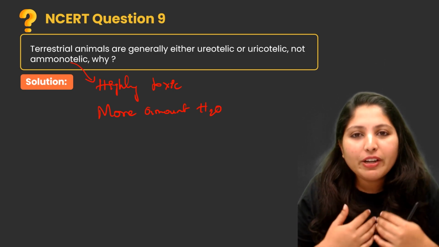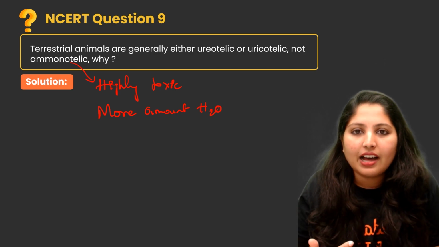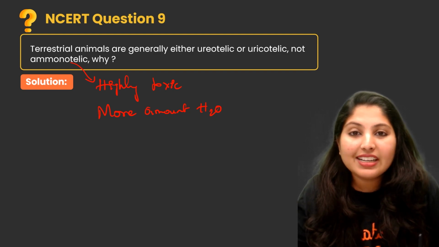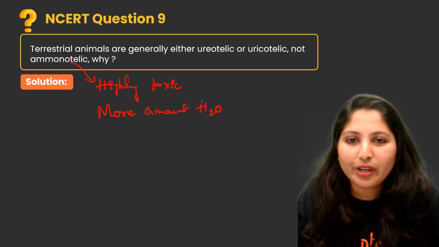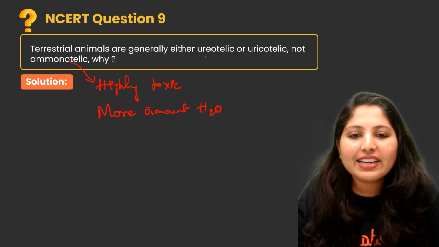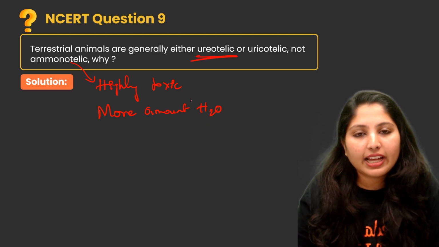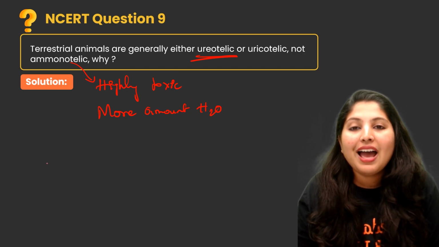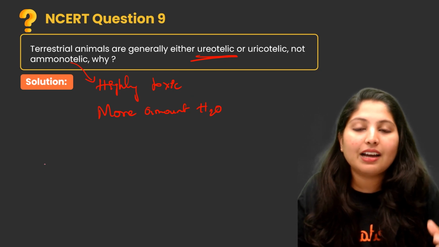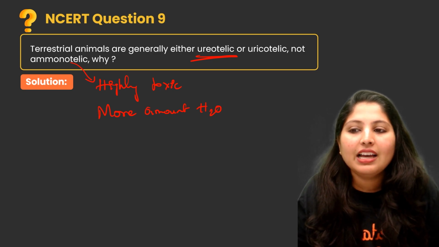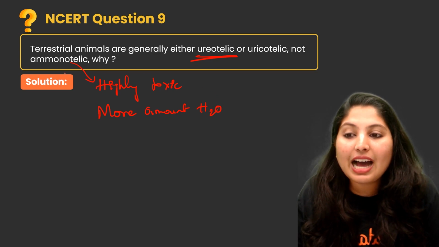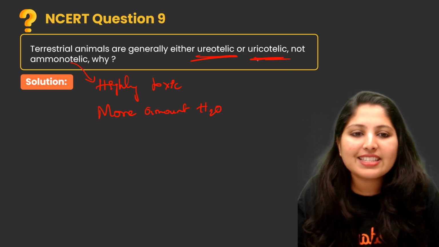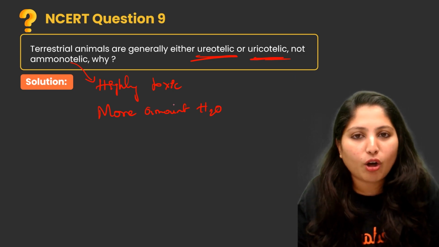So what we do is convert this ammonia into urea. Those organisms are called ureotelic organisms. And some organisms like birds convert ammonia into uric acid. Those organisms are called uricotelic organisms.